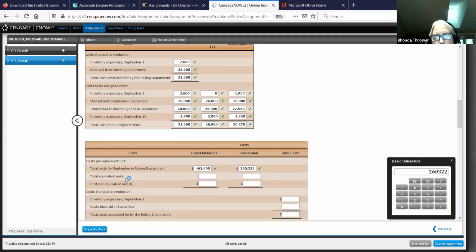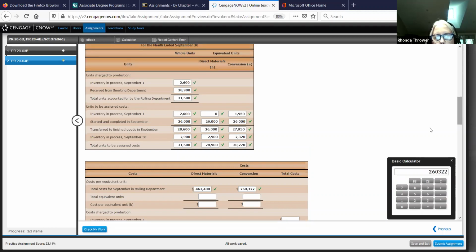And then we're going to bring down our total equivalent units that we found in the unit section. For materials, it was 28,900.